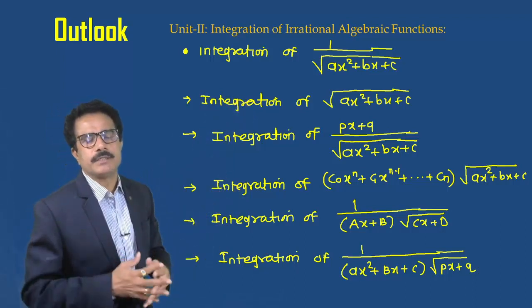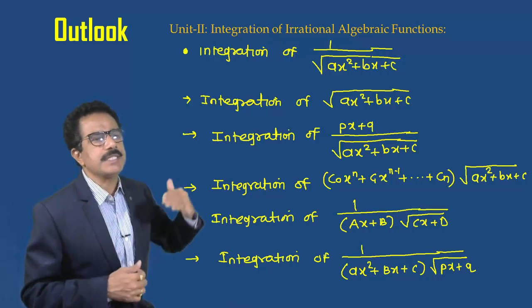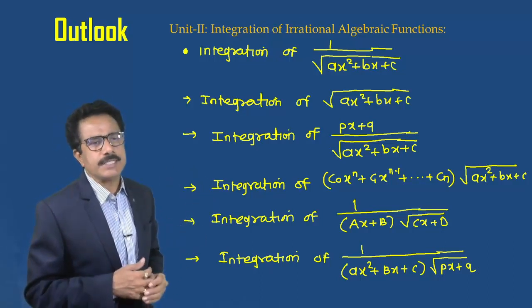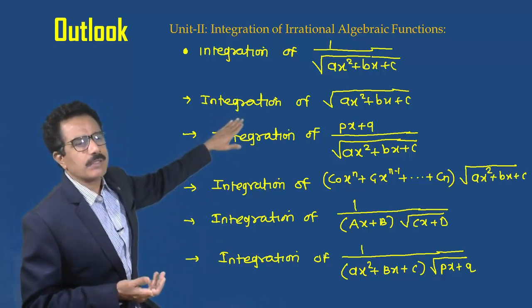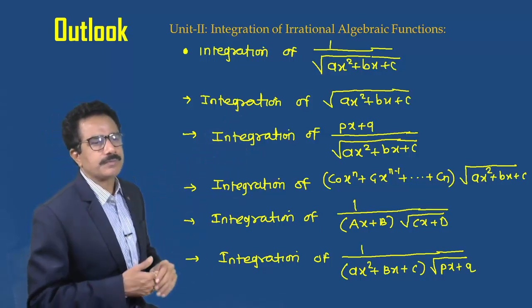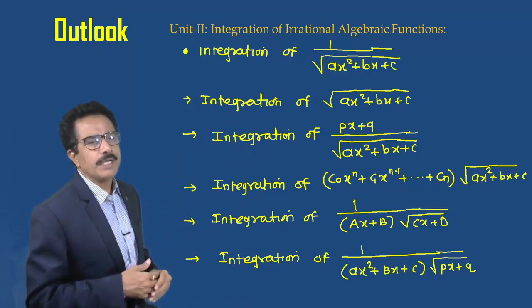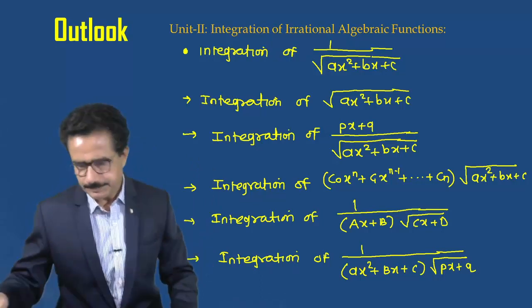How to calculate the integration of root of ax square plus bx plus c? That is the integration of an irrational algebraic expression which we have studied. In today's lecture we shall discuss the integration of root of ax square plus bx plus c. Okay.